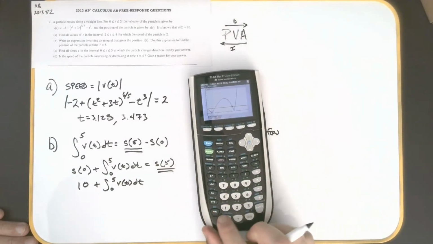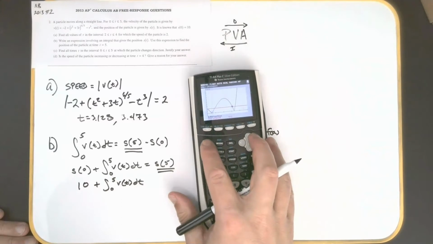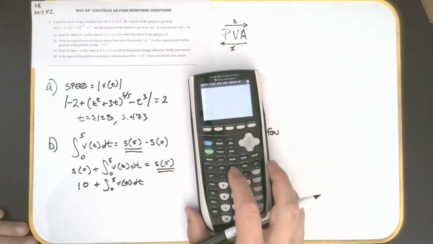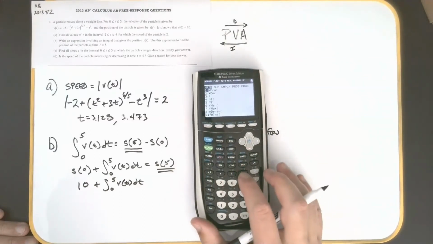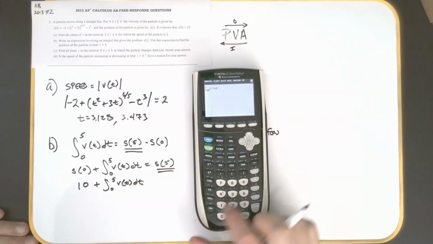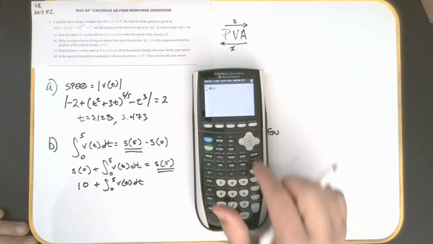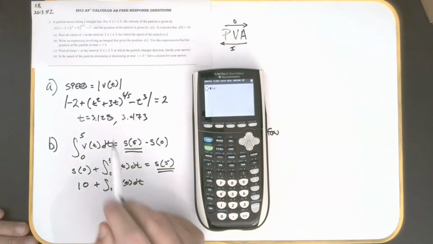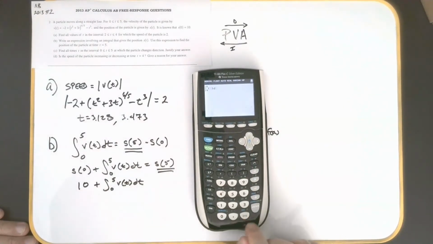So I'm going to go to my math menu, take advantage of my integral, and just put in these numbers. I'm going to integrate from 0 to 5, and then enter the velocity function, which is this mess up here.